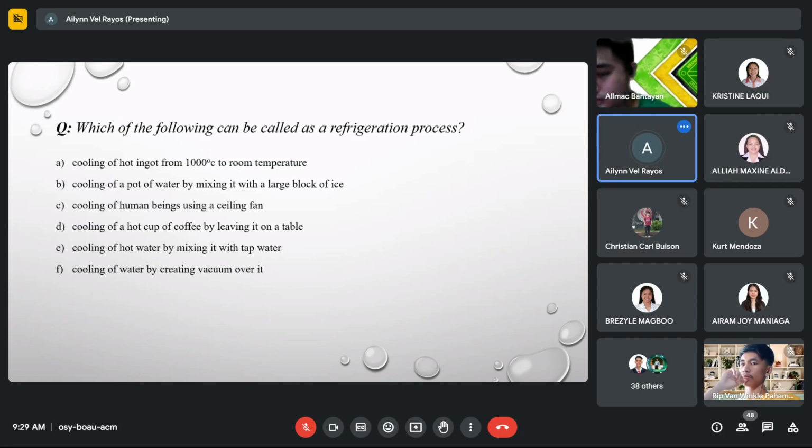So meaning, yung boiling and also freezing point of water decreases. Kaya kung sa steam table, meron tayo doon saturation temperature, saturation pressure. So kung titingnan ninyo yung saturation pressure below the atmospheric pressure, mas mababa yung magiging boiling point ng water. So yung temperature para maging saturated vapor siya.